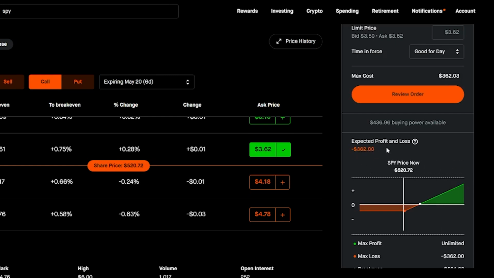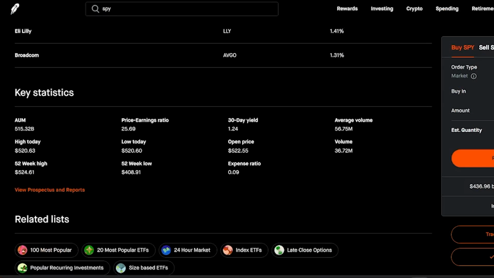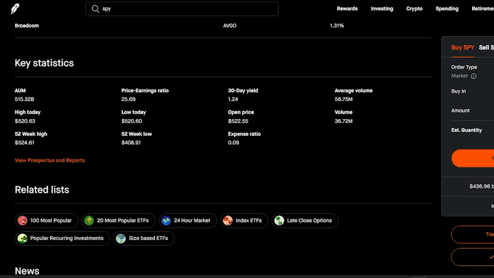And this is not unrealistic, because if you go back, and I'll show you this right now, you look at the 52-week high. The 52-week high so far is $524. And as you guys could see, it was up like $400 if it goes to 524.